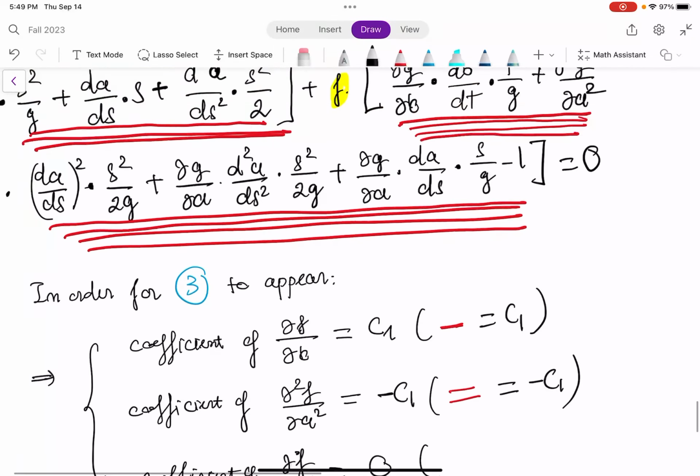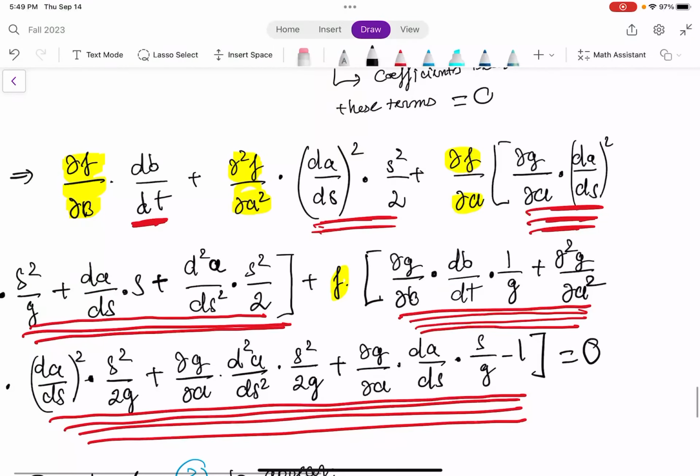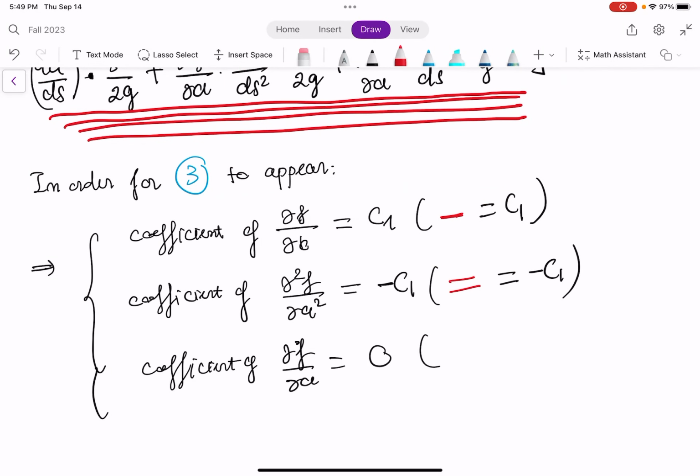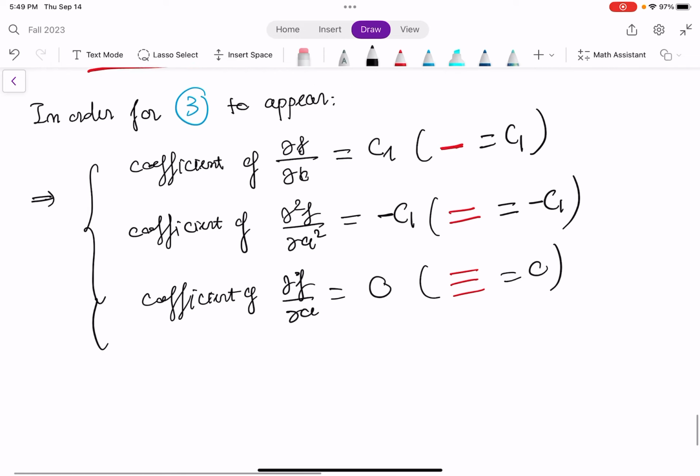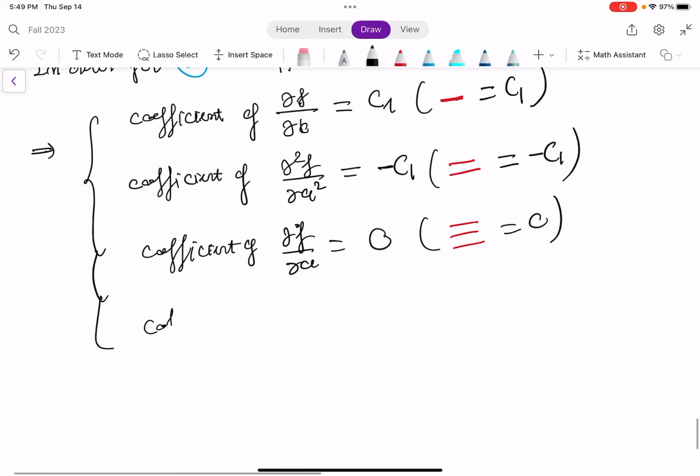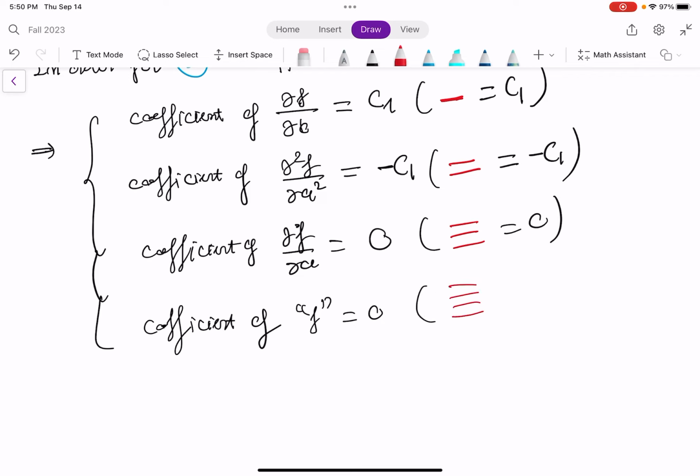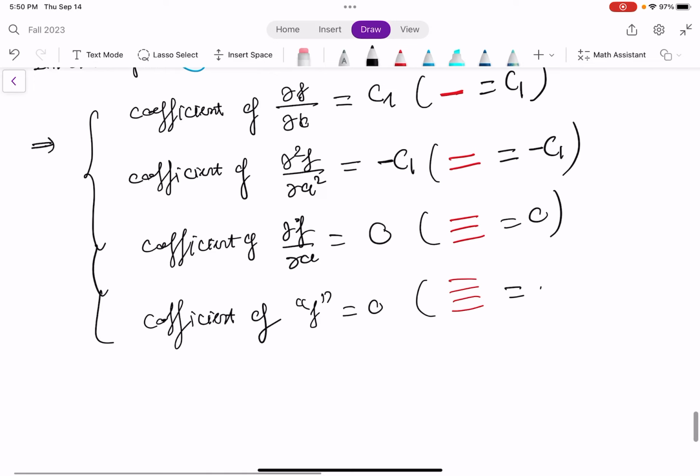So partial f with respect to a is the 3, red highlight, equals 0. And lastly but not least, the coefficient of f equal to 0, which is the 4, red underline, equals 0.